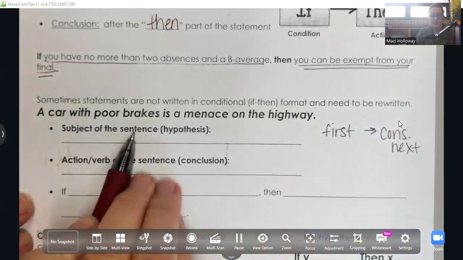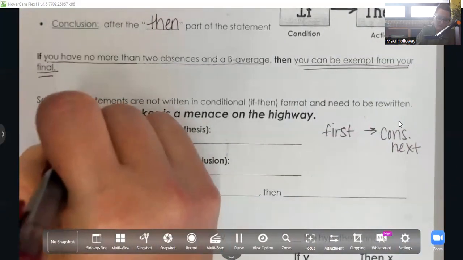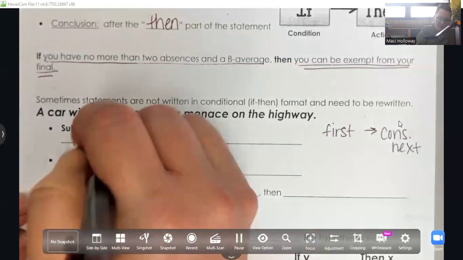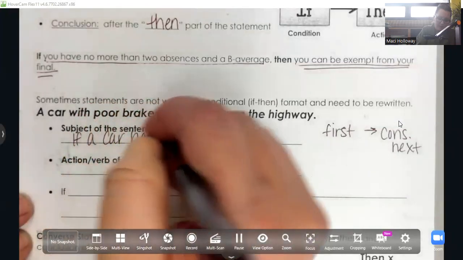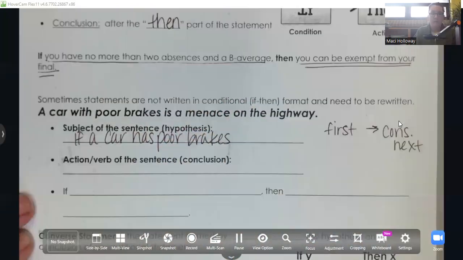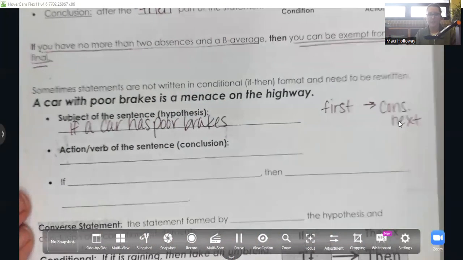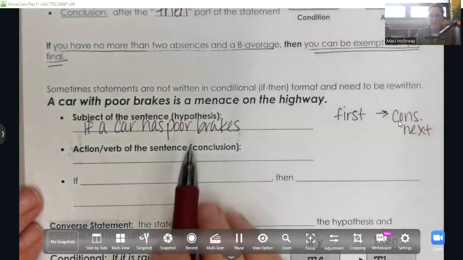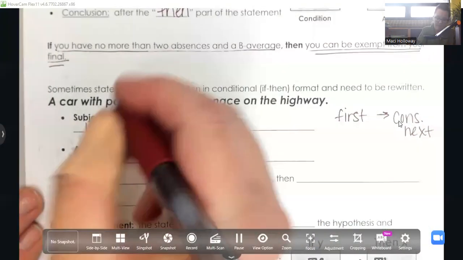So subject of the sentence, if a car has poor brakes, then, right? So what happens if a car has poor brakes? Then it's a menace on the highway.